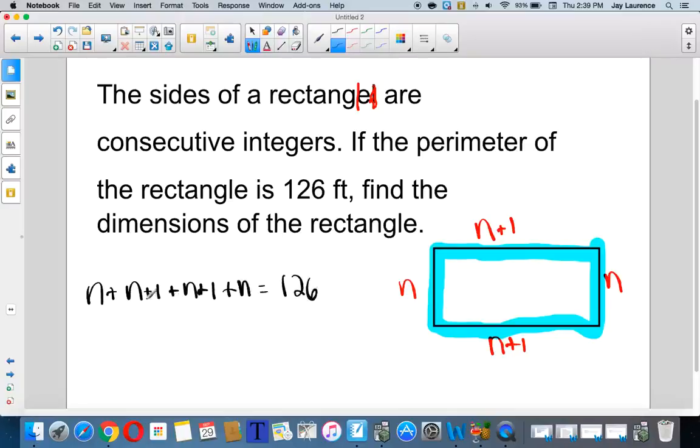So, for n plus 2, what did I do? I combined like terms. I get 126. Subtract 2 from both sides. I'll get 4n equals 124.